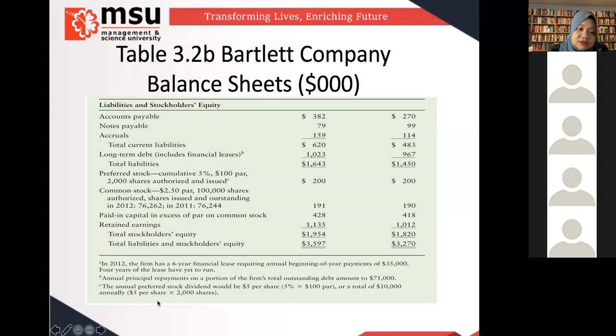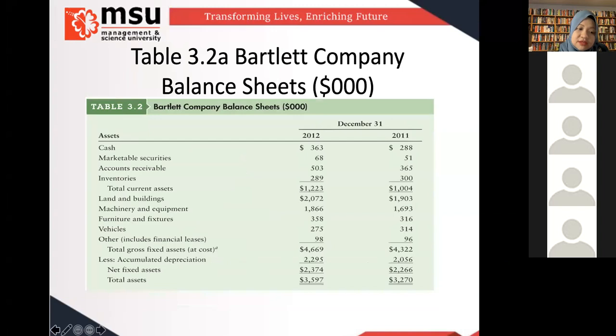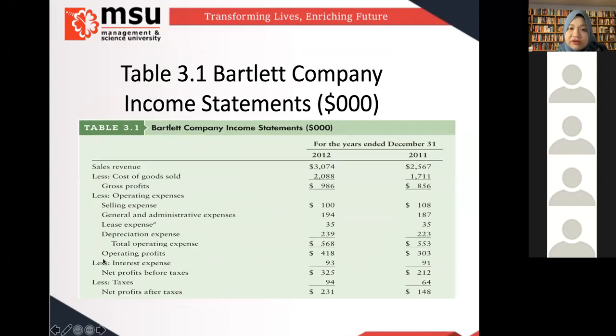Okay, you see that cost of goods sold needs to be found in profit and loss, which is the income statement. Can you show me where is the cost of goods sold? What is the amount for 2012?